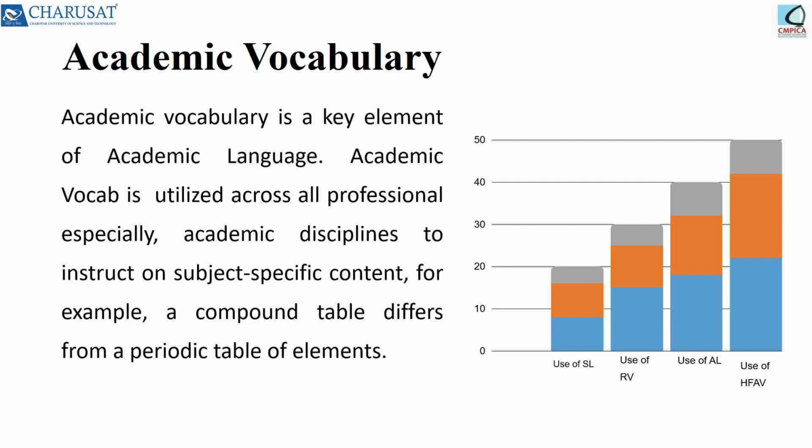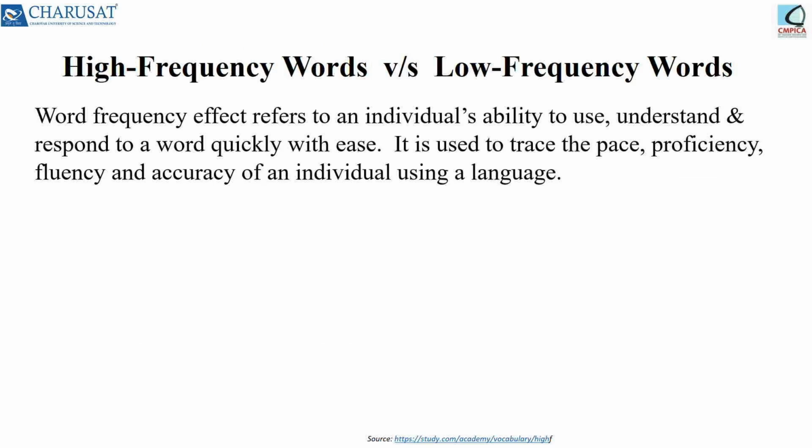Somebody who is not a discipline specific person would not know what a compound table is, or what a periodic table is, so might use them interchangeably. Therefore you need to know content words specific to a discipline, and that's how it becomes high frequency words versus low frequency words.